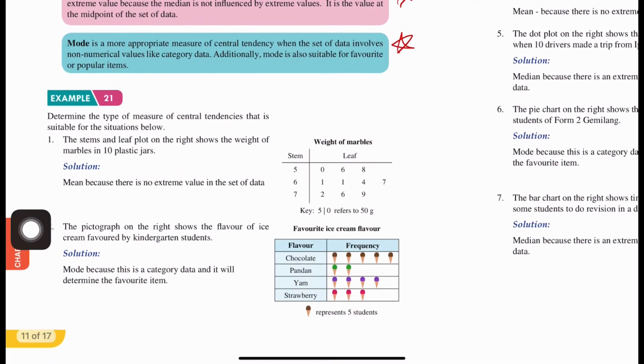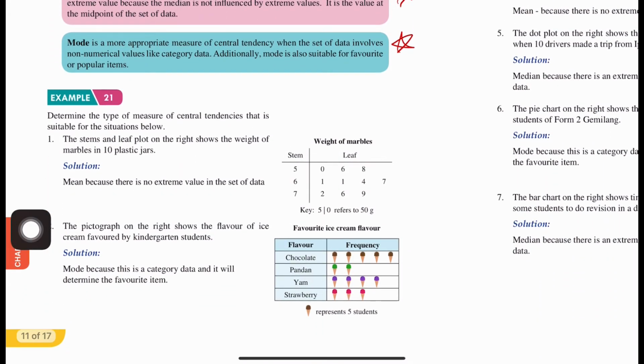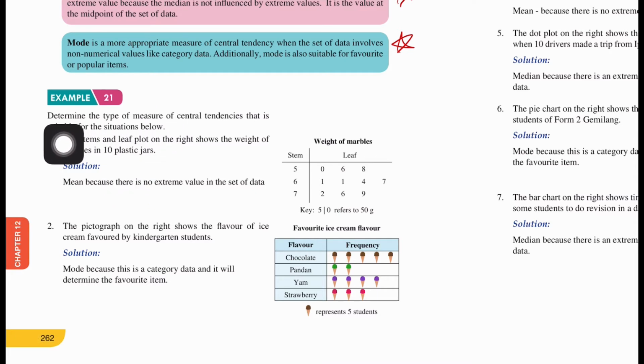Okay, next, we look at example 21. Determine the type of measure of central tendencies that is suitable for the situation below. The first situation, we have the stem and leaf plot on the right showing the weight of marbles in 10 plastic jars. Ingat lagi kan stem and leaf punya graph?